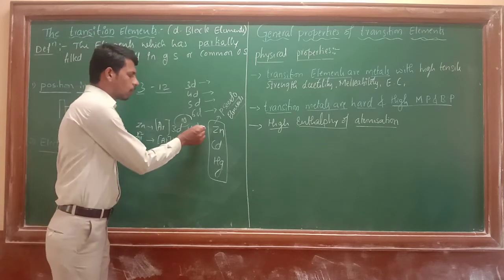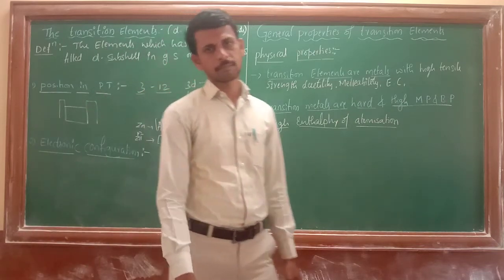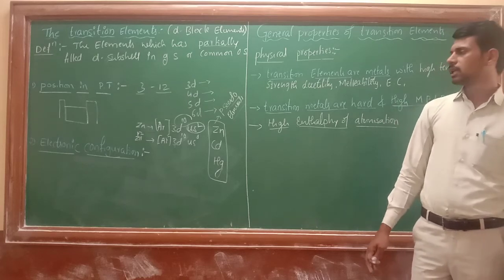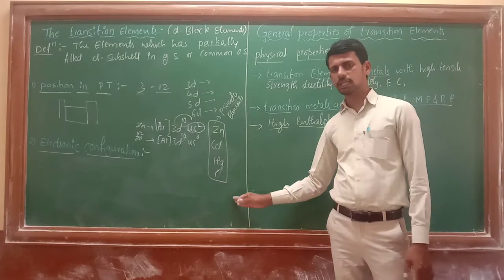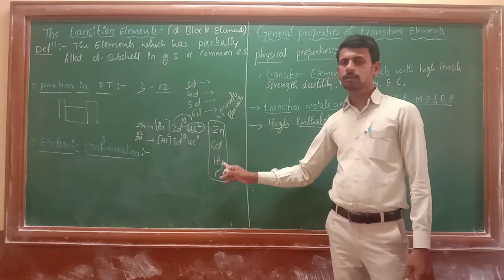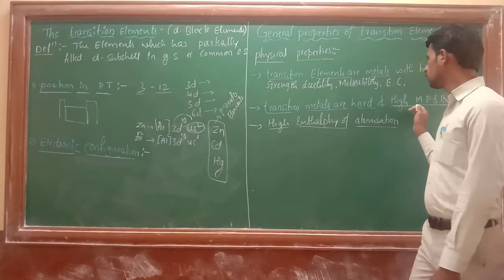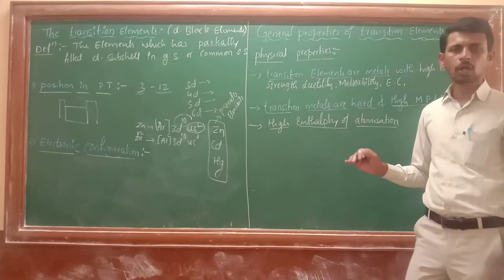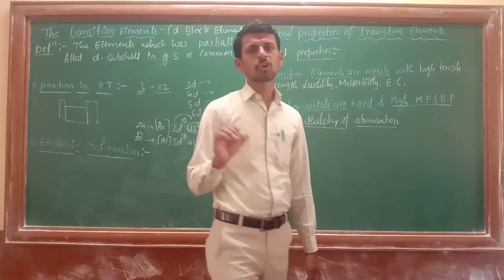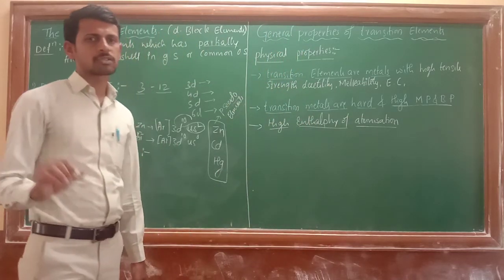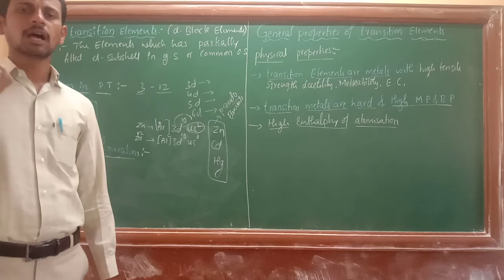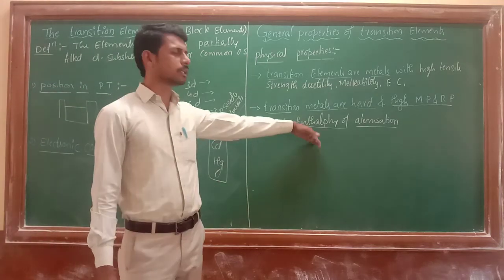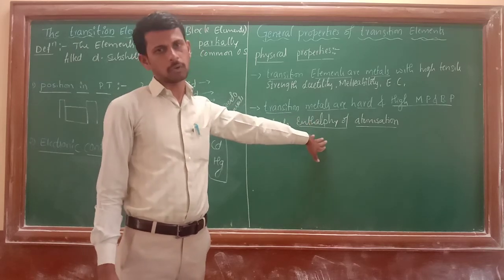There is only involvement of the s orbitals, the outermost shell, the s subshell. Since only the s orbitals are involved, the melting point and boiling point of zinc, cadmium and mercury are also low, and the enthalpy of atomization is also low, because there is no involvement of d orbital electrons in atomic bond formation.